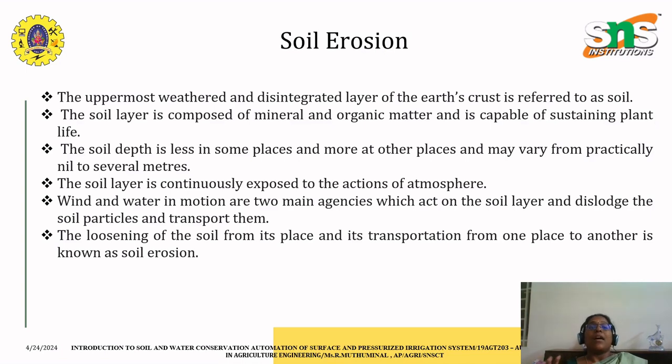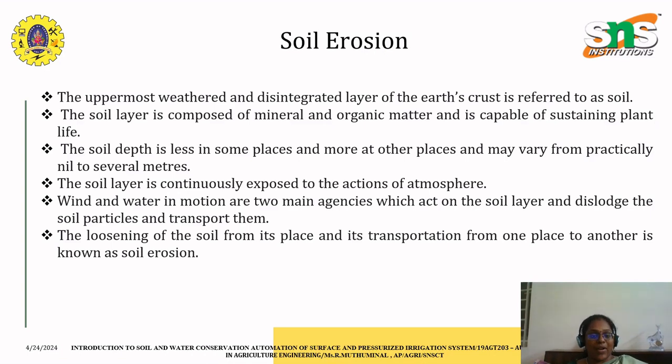Soil is the disintegrated, weathered layer of the earth's crust, usually composed of mineral and organic matter, which is necessary for the growth of plants and sustains plant life. The soil depth is less in some places and more in others, and may vary from practically nil to several meters.